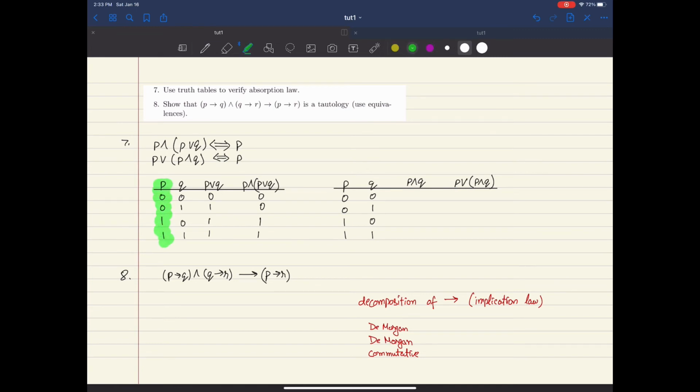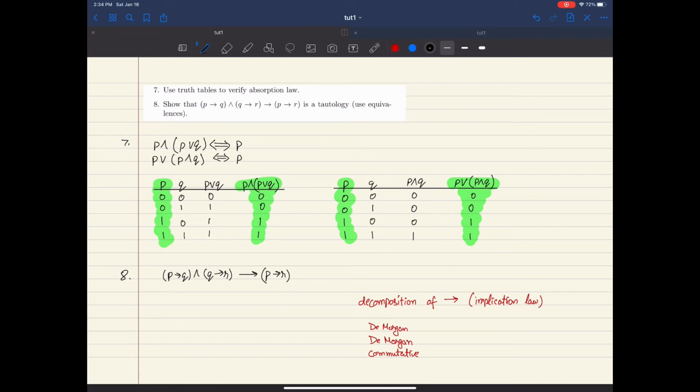Here you can see P and the final statement, their truth tables look completely identical, and that's why they are the same. Moving over to the next problem, P and Q is 1 only when both P and Q are 1, and when you OR it with P, it's again the same. Again, the truth tables match for P and the other expression. That's why they are both the same.